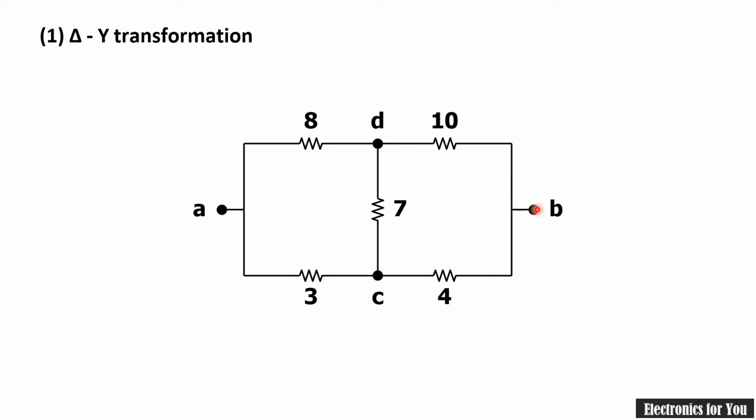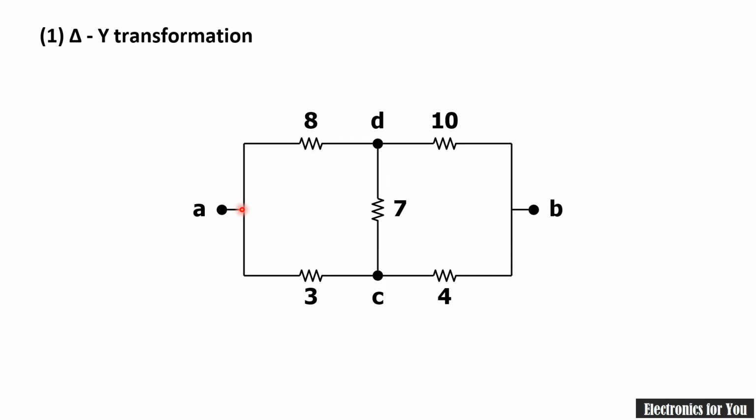Okay, now first we have to use delta to star transformation, and we have to find the equivalent resistance RAB here. As we are using delta to star transformation, first we have to find the delta network. Now as per the definition, a delta network is one which has 3 nodes and 3 resistances in between the 3 nodes. Also they are forming a loop between these 3 resistances.